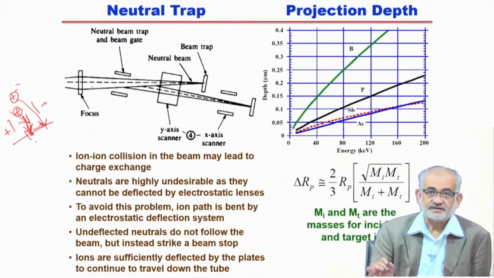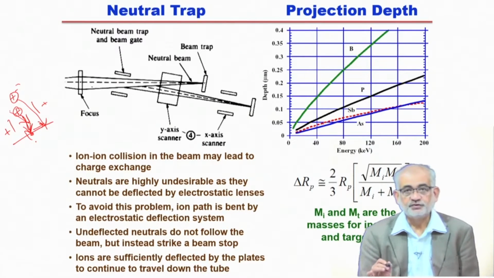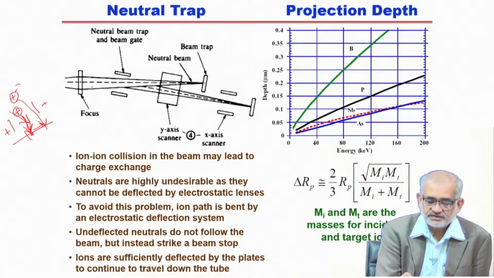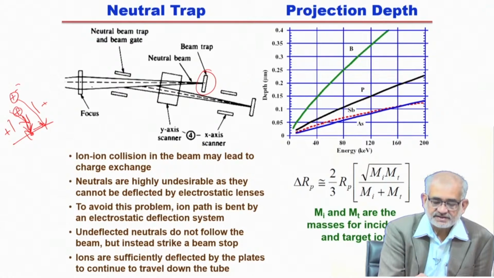So how do you remove the neutrals? That's why you use this trap, the so-called beam trap. By this kind of electromagnetic lens, you allow the beam to deflect by applying a certain electromagnetic field, but the neutrals are unaffected, or their trajectory does not change.